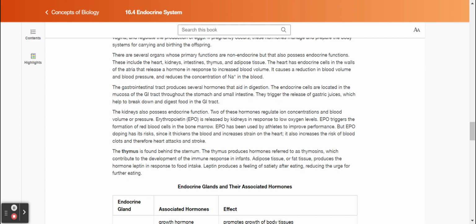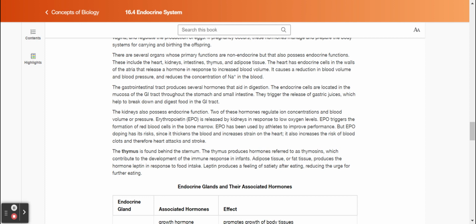It causes a reduction in blood volume and blood pressure and reduces the concentration of sodium ion in the blood. The gastrointestinal tract produces several hormones that aid in digestion. The endocrine cells are located in the mucosa of the GI tract throughout the stomach and small intestine. They trigger the release of gastric juices, which help to break down and digest food in the GI tract.